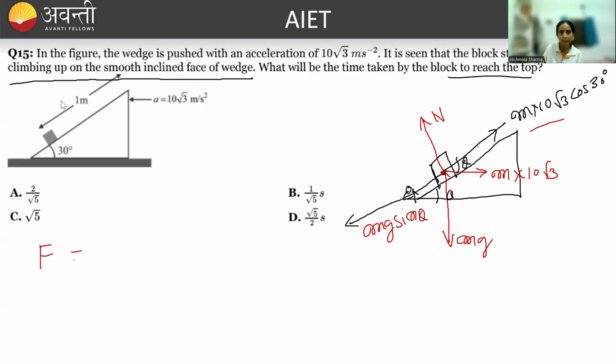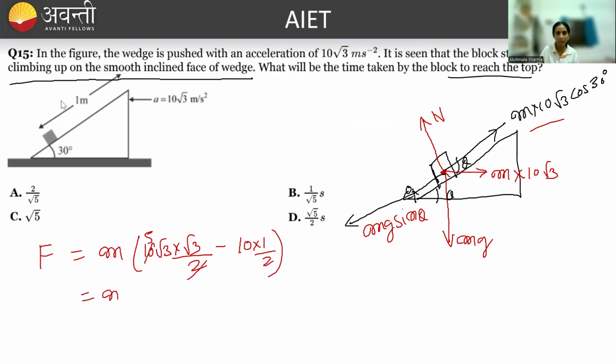So the net force acting on the block you will write as m 10 root 3 cos 30, which is root 3 by 2, minus mg sin 30, taking m common, 10 into half. If you solve this, it becomes 15 minus 5, so that is m into 10. So acceleration will be force by mass, which is 10 meter per second square.